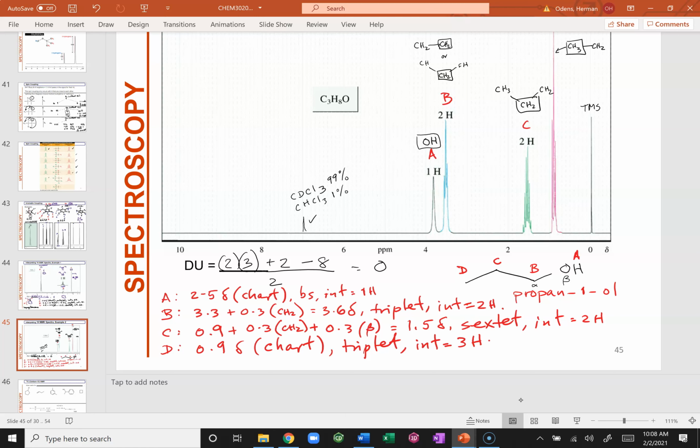Yeah, zero means you have a saturated molecule. You only have single sigma bonds. No pi bonds. Yeah, an alcohol contains sigma bonds only. Yes. All right. If we're dealing with a carbonyl, then we have a pi bond.